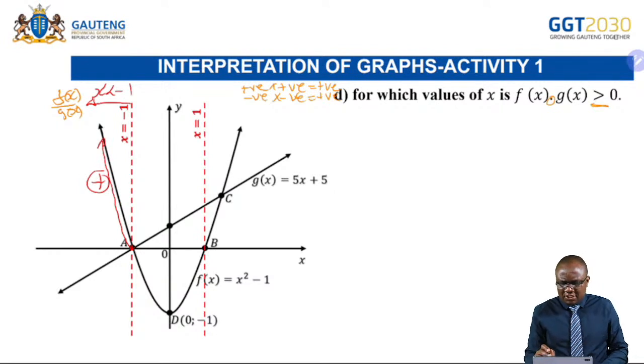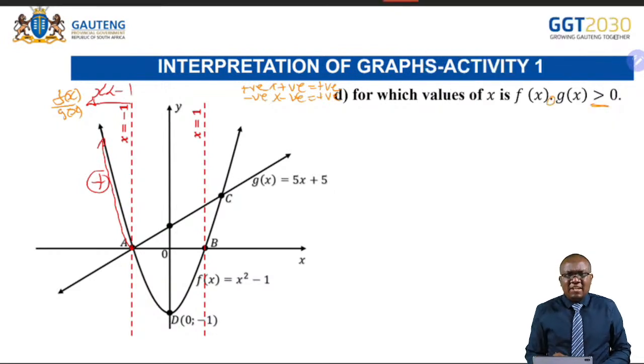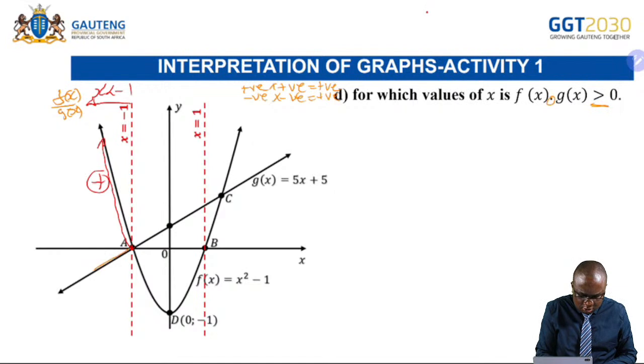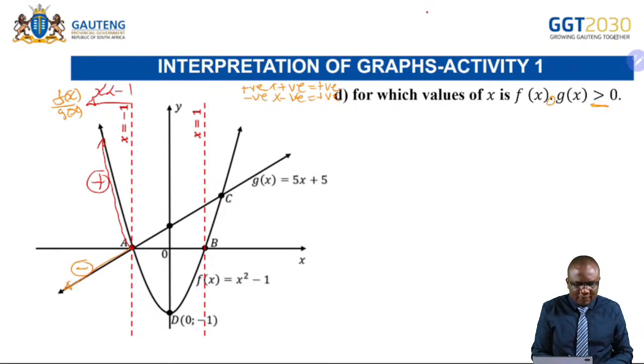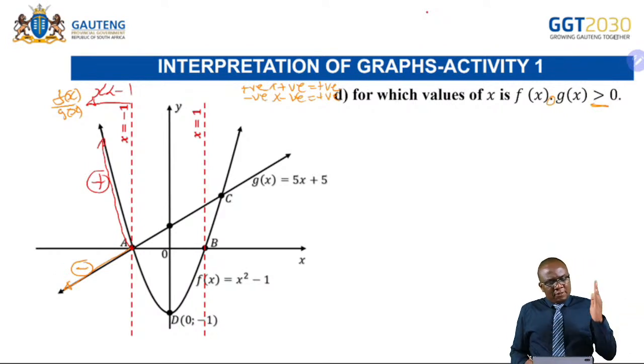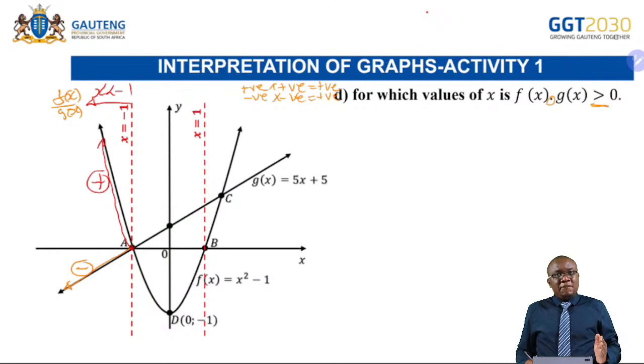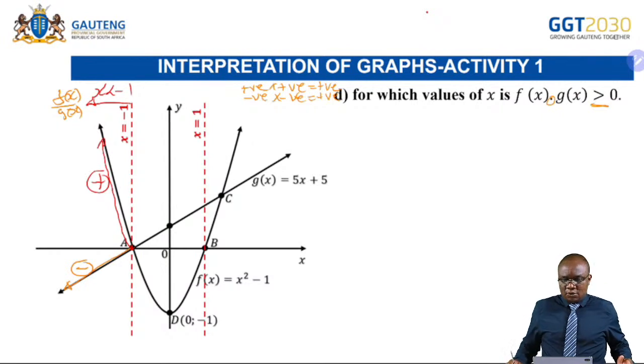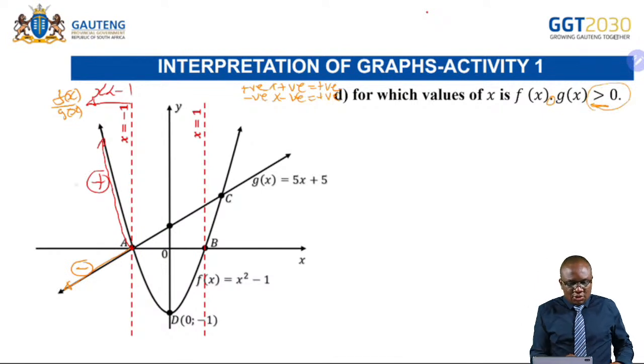And then what about g of x? G of x is below the x-axis, so it is negative. So here, when x is less than -1, if we multiply f of x times g of x, we'll get a negative answer. We don't want that because we want greater than 0. So this is out.